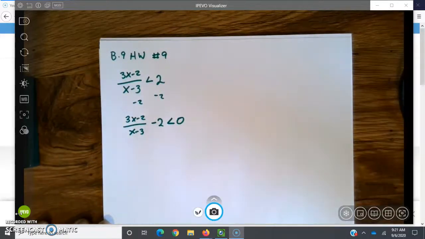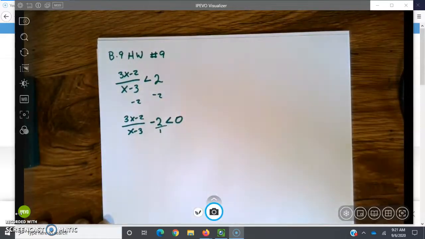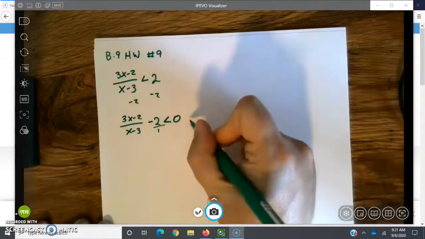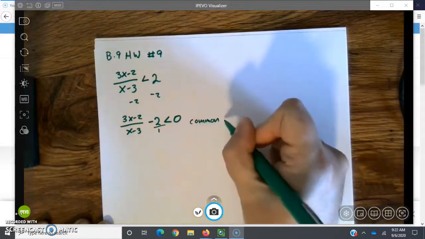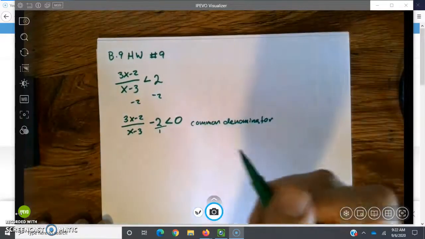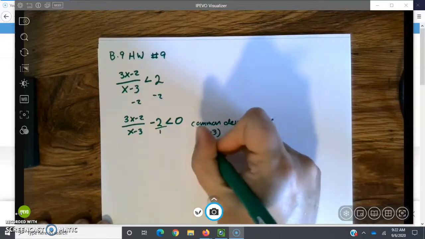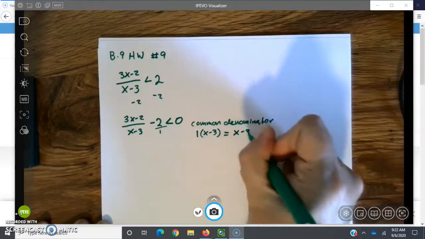Okay, now I need to make it one rational term on the left. So I need to rewrite this with a common denominator. So 2 has a denominator of 1 all the time, and 3x minus 2 has a denominator of x minus 3. So if we look at those two denominators, the common denominator would be x minus 3 times 1, which is just x minus 3.